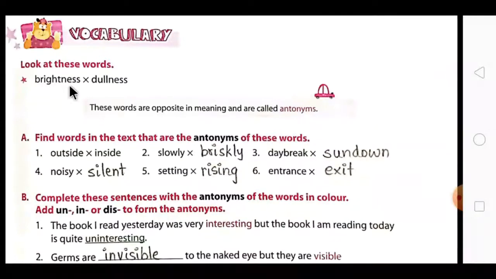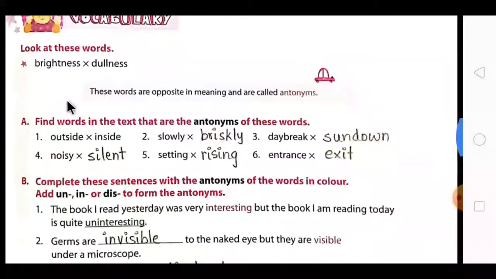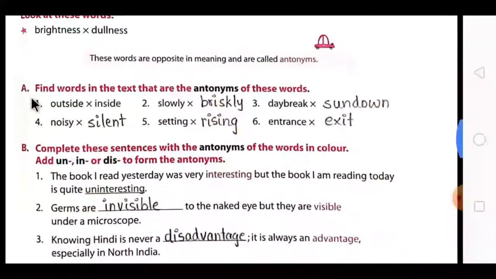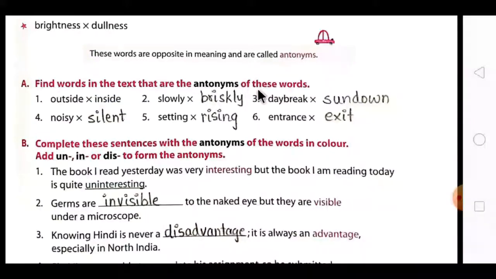What will be the opposite of brightness? That is dullness. Now the definition of that is given over here. These words are opposite in meaning and are called antonyms. The opposite words are always called antonyms. Now our first exercise is, find words in the text that are the antonyms of these words.